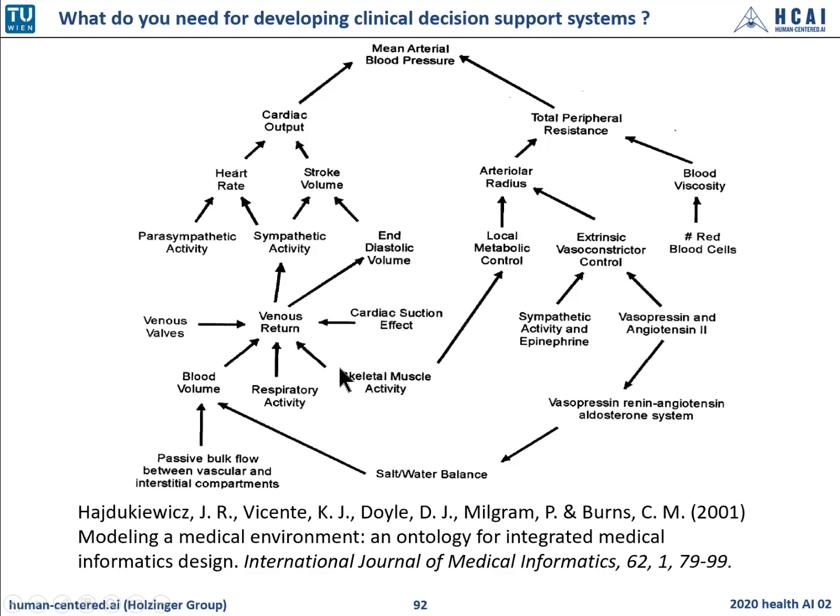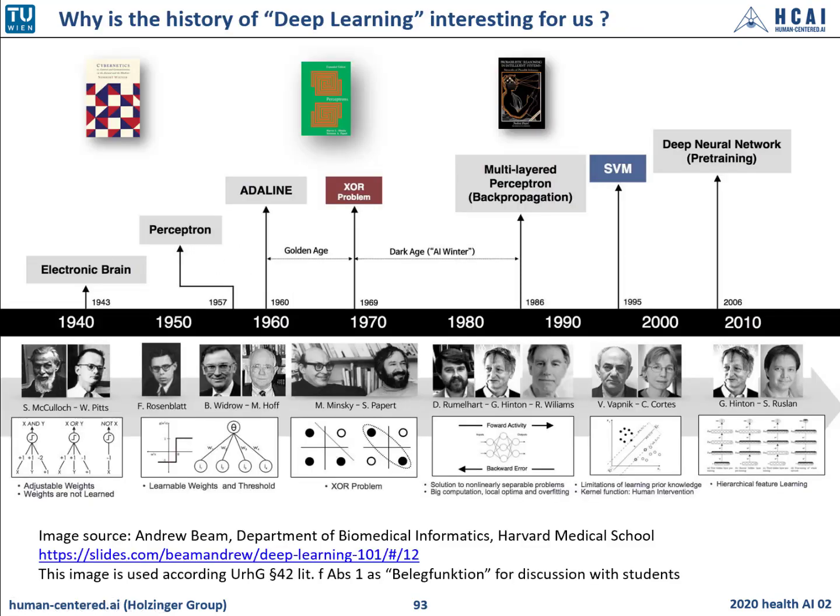Such models may be faithful to what is known about biomedical knowledge, but they have serious limitations, of course, for human problem solving, especially in unanticipated situations. This example shows the physiological factors and relations affecting, for example, mean arterial blood pressure. So this is about hypertension. You see here mean arterial blood pressure, hypertension.